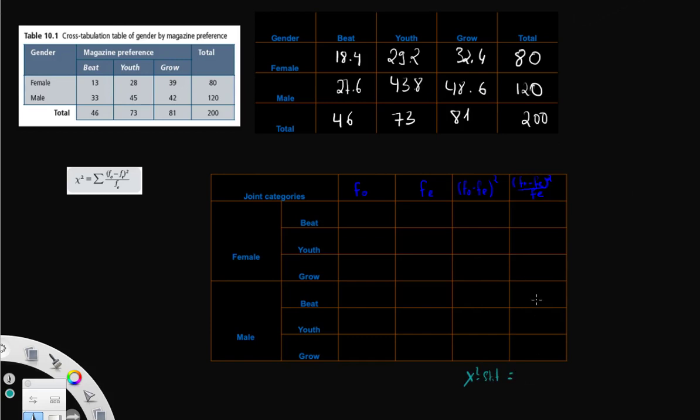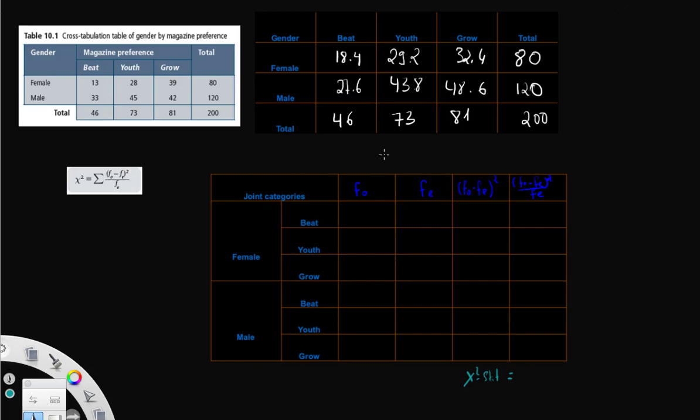Chi-square stat, then you put the total from this column here. The formula is here. Chi-square stat is the sum of all the observed frequency minus the expected frequency squared, divided by the expected frequency.